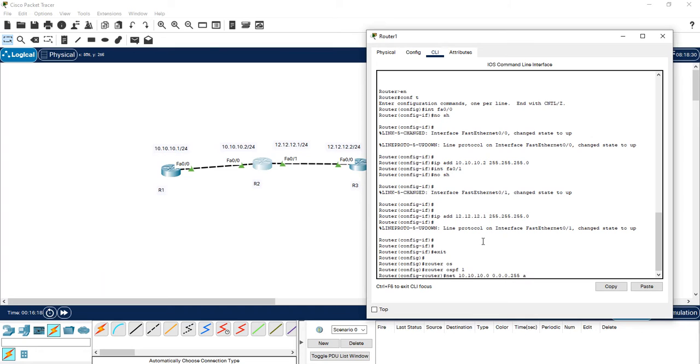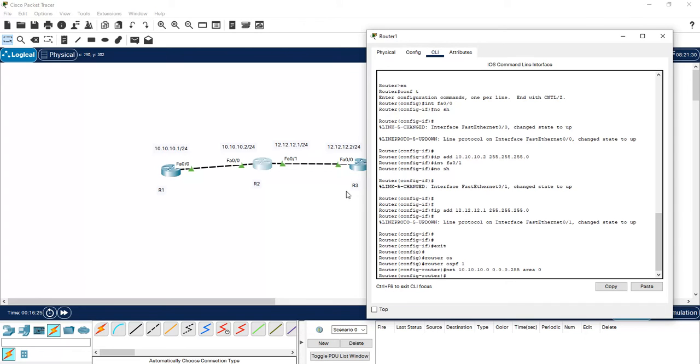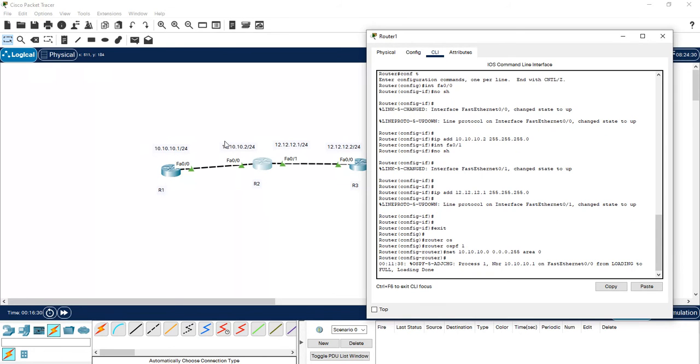The area is the same, area 0. Router 2 has two IP addresses, the first is 10.10.2 and the second is 12.12.12.1. So we should put all of the IP addresses from router 2.